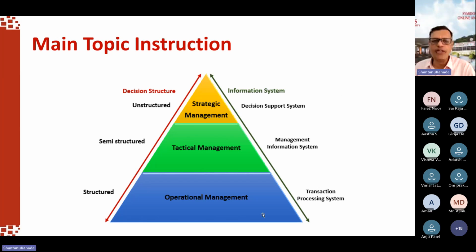And for all these things, we need a system to be developed. That development will be part of your software development life cycle. That means whenever I'm starting the development of a management information system, I need to find out what is the scope that I want to define.